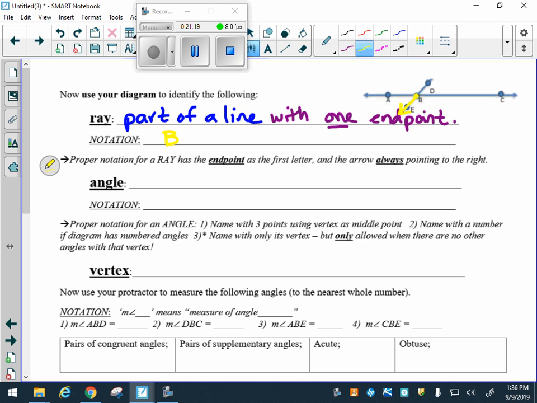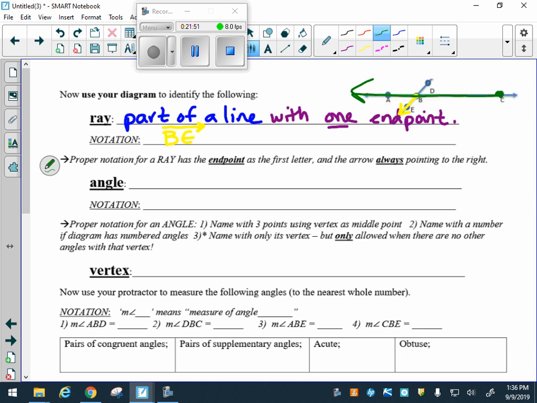So this goes through E. And then the symbol is a line on top like we did with the line that had two arrows. This time it's only going to have one arrow, and it's always going to be pointing to the right. No matter which direction your ray is facing in your diagram, it's going to be pointing to the right in your symbol, your notation. Okay, so let's take this ray.